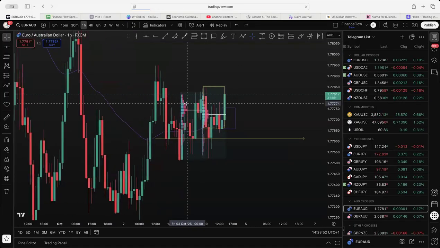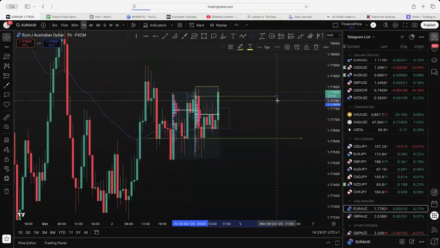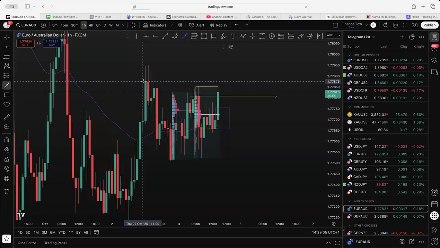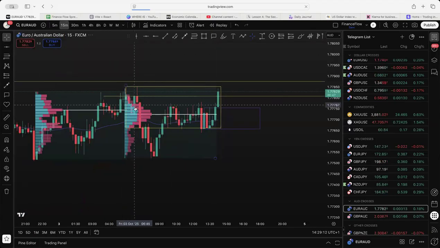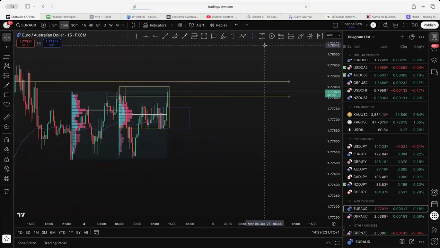Let's obviously just make sure we've got a reason why we would potentially enter here if we got that dollar weakness. So if I get rid of this, we've got two levels here, and this is what you always want to be looking for when you're trading, these two levels. Always want to look at previous price action. All right, so we've got two options here.